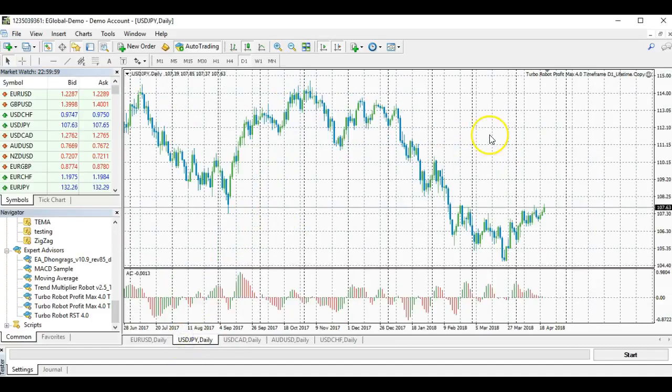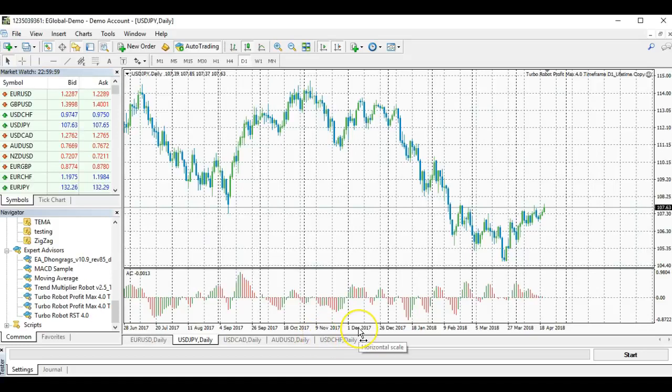And if you already bought a lifetime copy here, it will open the trade based on Euro Japan yen at the daily time frame.